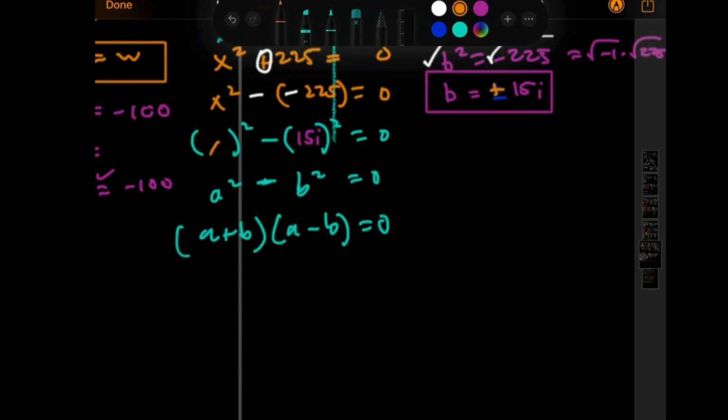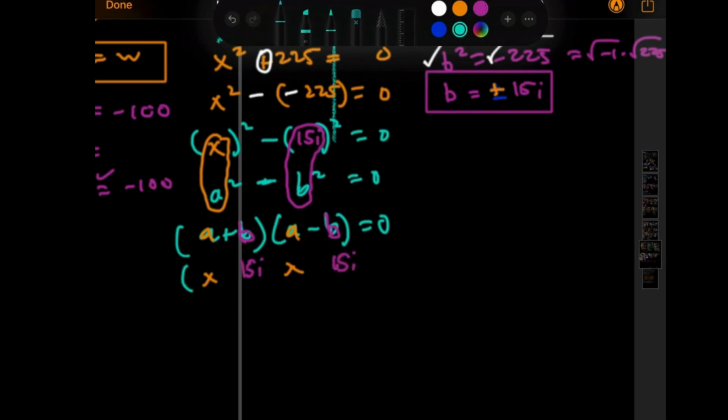That one becomes x squared. So that means every a value is equal to x, and every b value is going to be 15i.